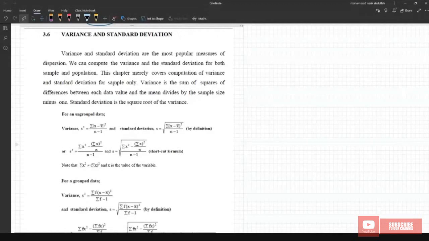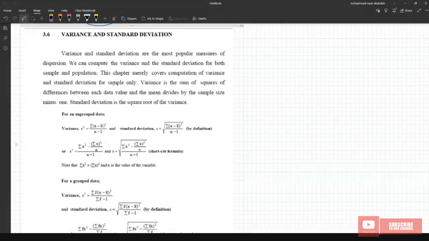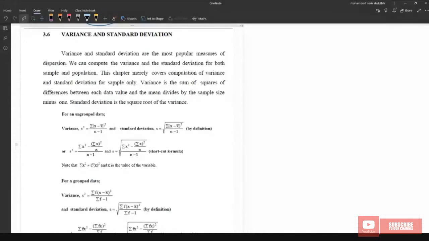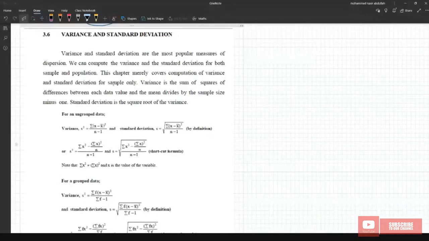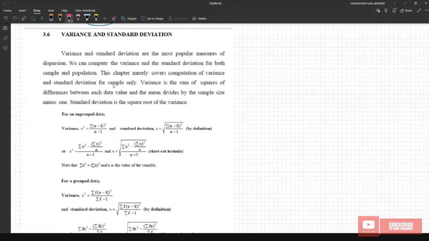As I said before in the beginning of the class, if you want to see whether the two distributions are the same size or different size, or if you want to compare between the two distributions, whether they are the same or not, you need to add another statistic, which is variance and standard deviation, right? So variance and standard deviation are the most popular measures of dispersion, right?